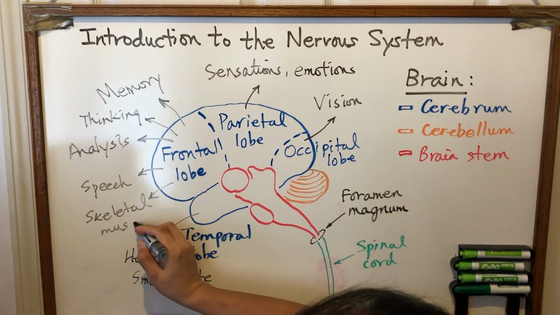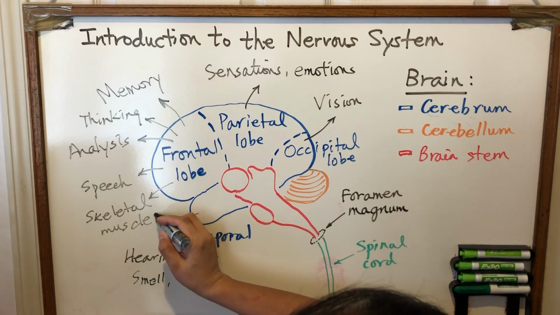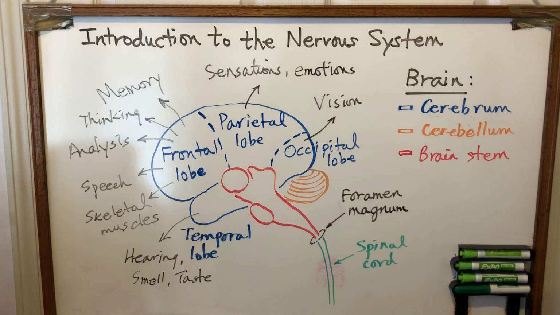And that's why when patients suffer from a stroke in the frontal lobe, they can lose part of the body locomotions because of the skeletal muscles. They can lose part of the speech, part of the memory, and so on.